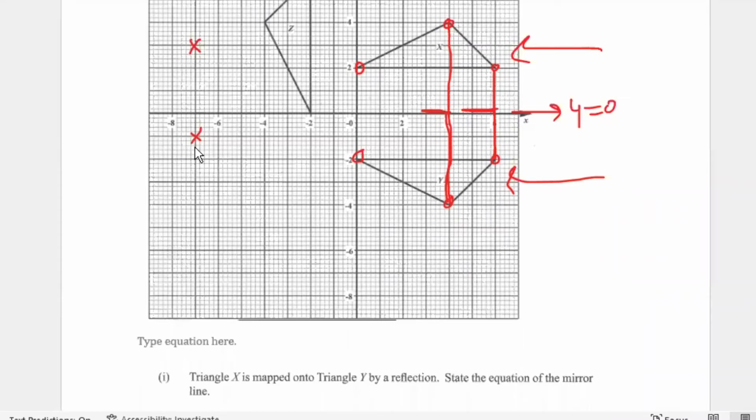Thank you, Selena. y = 1. Because look, between these 2 points you're moving from this to this, so you're 1 unit, 2 units, 3 units, 4 units apart. You're looking for the halfway mark, so it would be 4 divided by 2. Our mirror line is halfway between these 2 points. It would be 1, 2. So this would be where my mirror line is. At this point, y = 1.